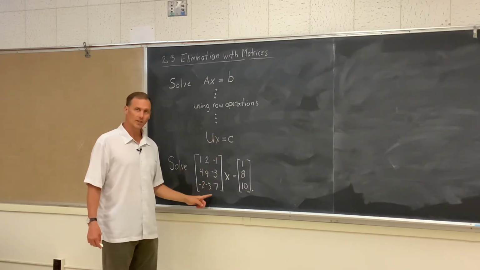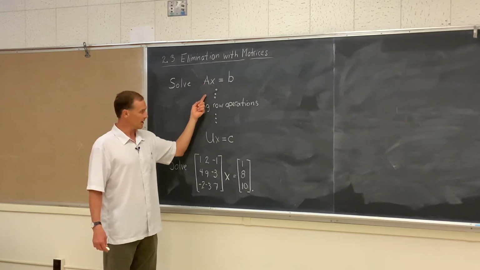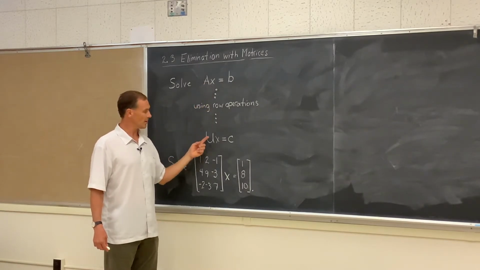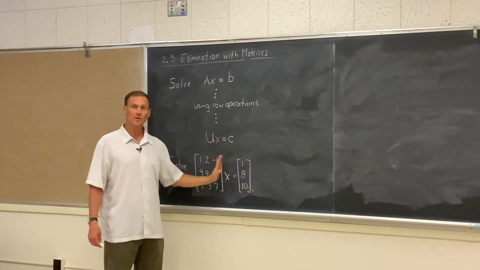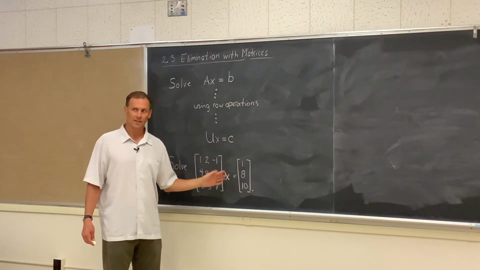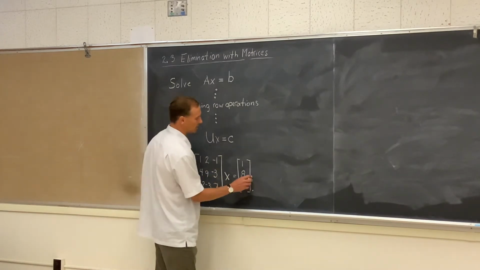And so let's think about this. We're here at Ax equals b. We're going to make a number of changes using row operations to end at Ux equals c, and x again will not change. So I'm going to rewrite this and only take the pieces of it that I need.